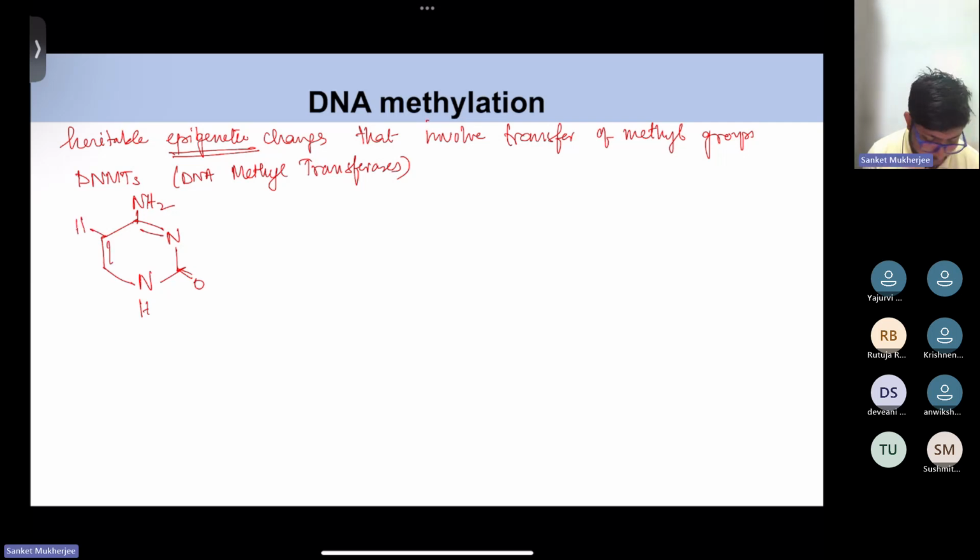Instead of an H here, due to the action of DNMTs, there would be a 5-methyl cytosine.